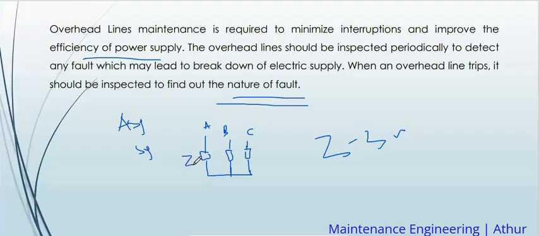This is ZA, ZB, ZC. So when these three phases, the 11 or 33 kV ones I told you about at the beginning, short together, that is what is a symmetric fault. But when these wires short together and again connect to the earth, it is also another type of symmetric fault.